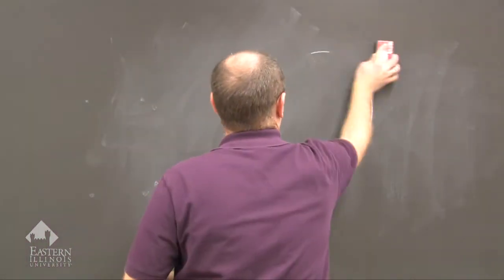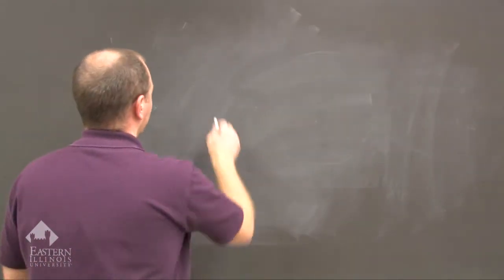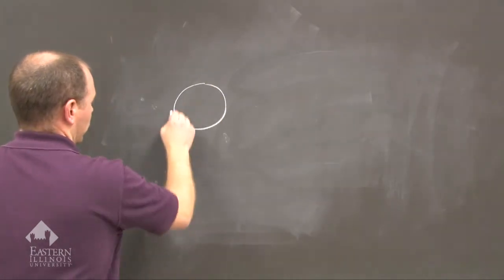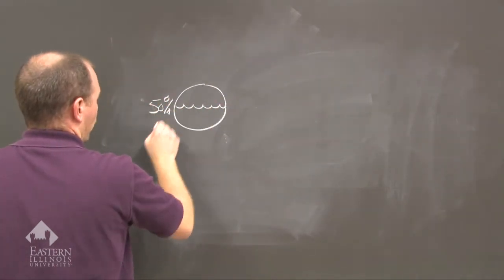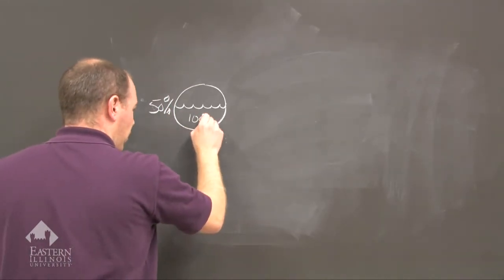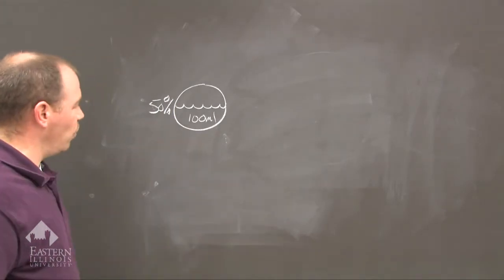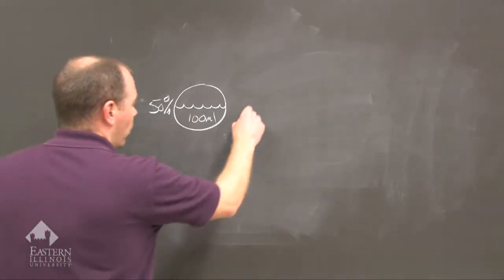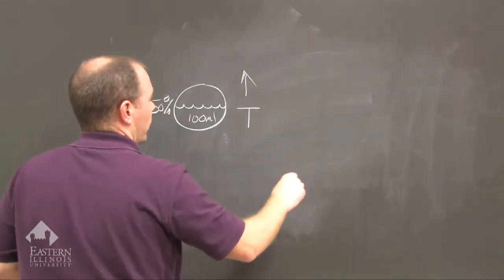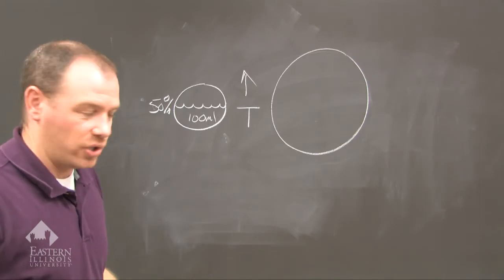Now, let's take the same parcels, and let's add moisture to them. So here we have a parcel, and we're going to put 50% moisture in there. Now, to show you that the volume of water does not change, I'm going to put 100 milliliters of water in there. Just for example, we're going to increase the temperature. We know that that parcel expands when we increase the temperature.